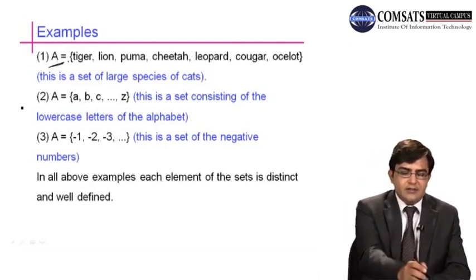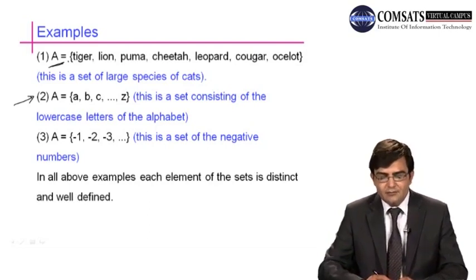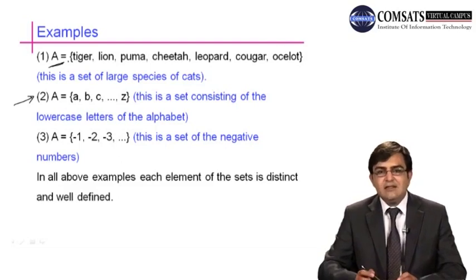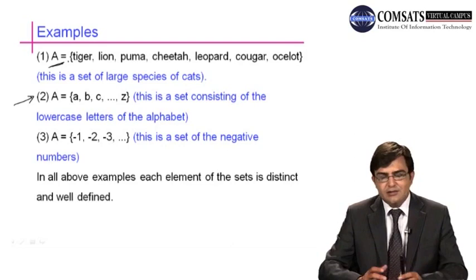Another example, in which we take the set A or B, we can denote it by any other capital letter, is the set of small letters of the English alphabet, a, b, c, d up to z. These objects are also separated, distinct and defined. Sets can also be of numbers, for example -2, -3, and so on.